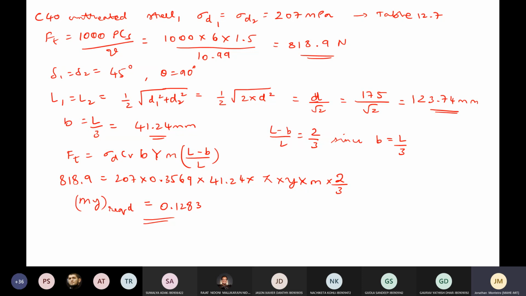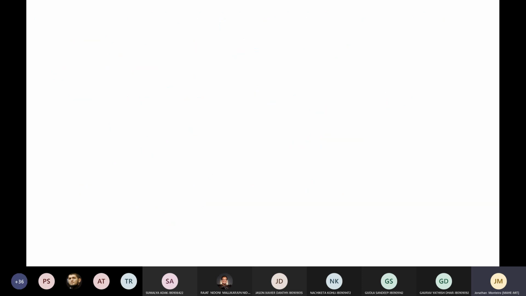Once we have that value, we'll go for iterations as in the previous problem. The module is in mm. z1 is equal to d1 by m, or z2, it need not be 1 and 2, it's all identical here.